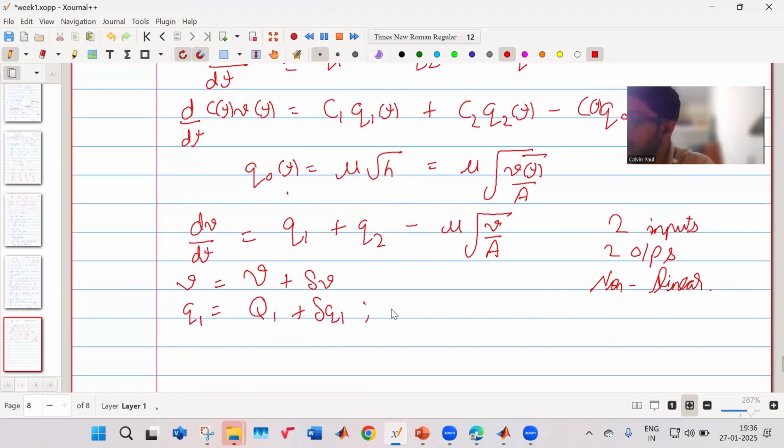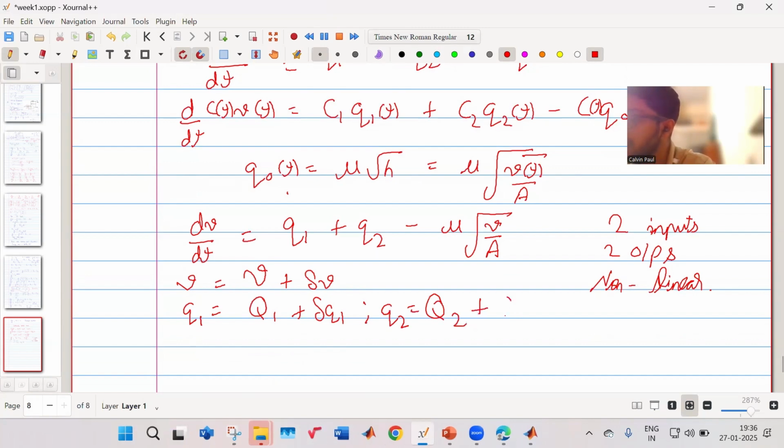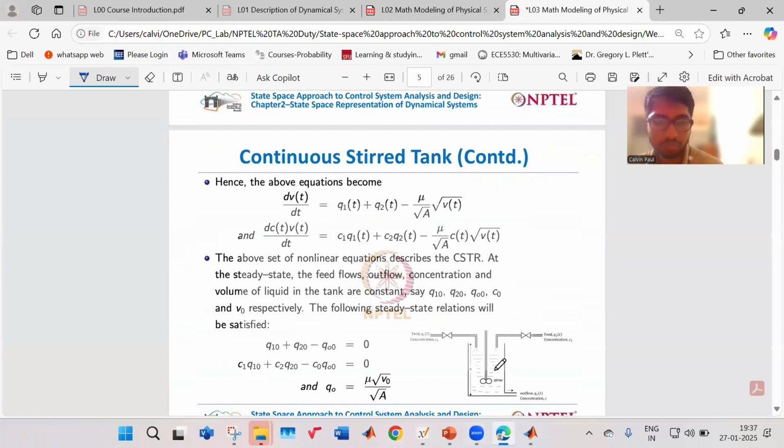My Q2 I represent by the steady state value Q2 plus delta Q2. And my C I will represent by capital C plus delta C. These are certain assumptions which are made.